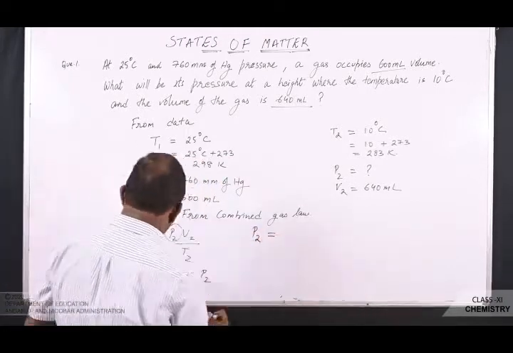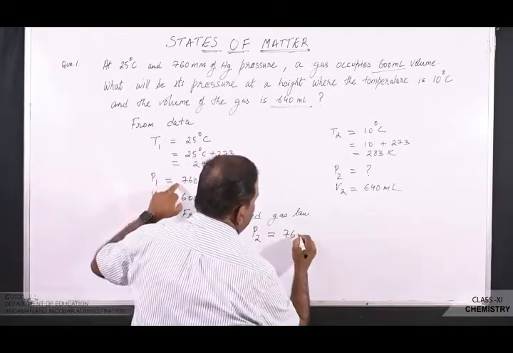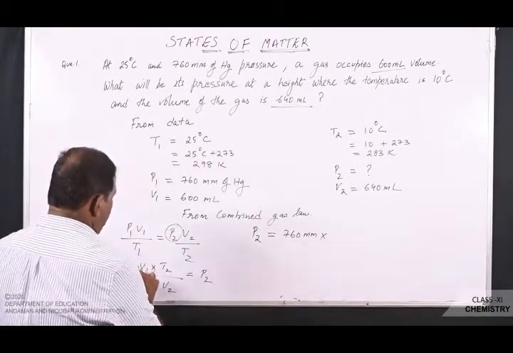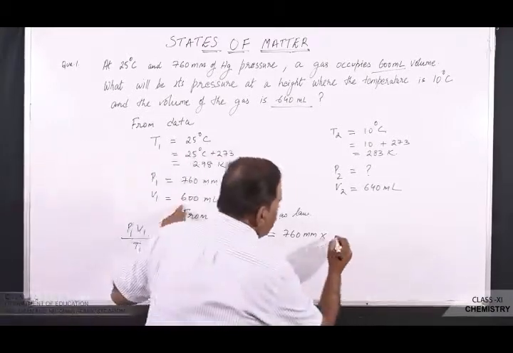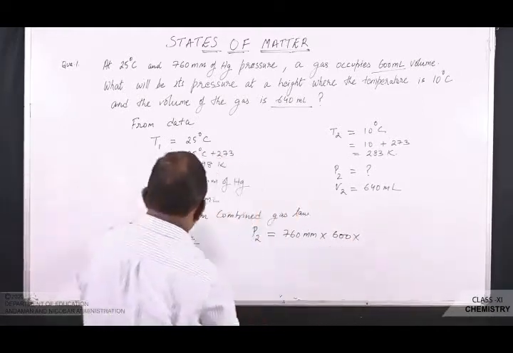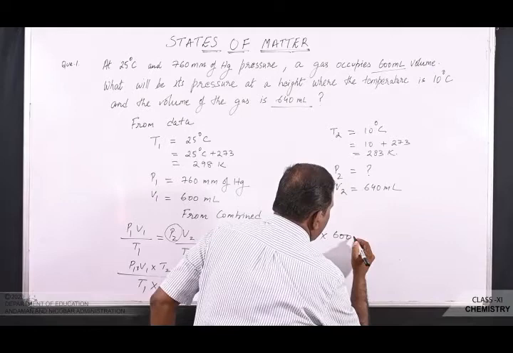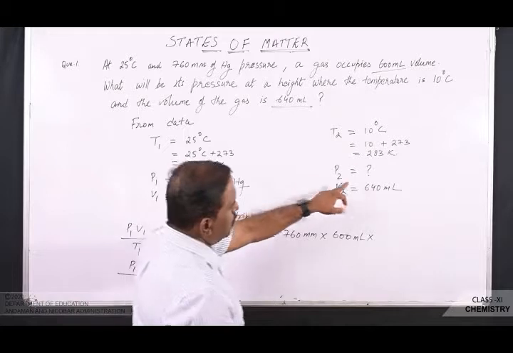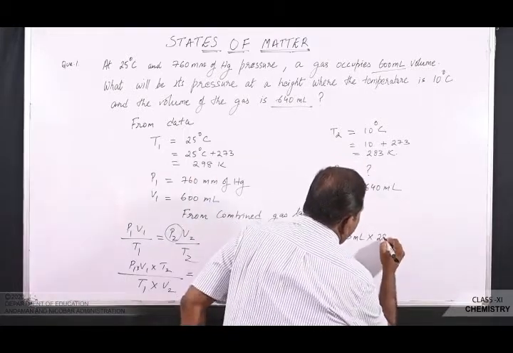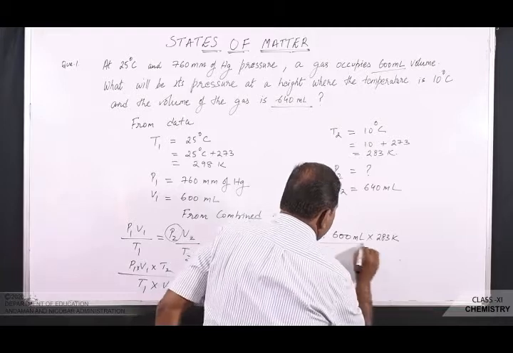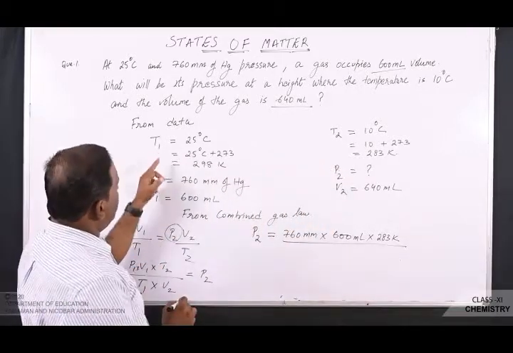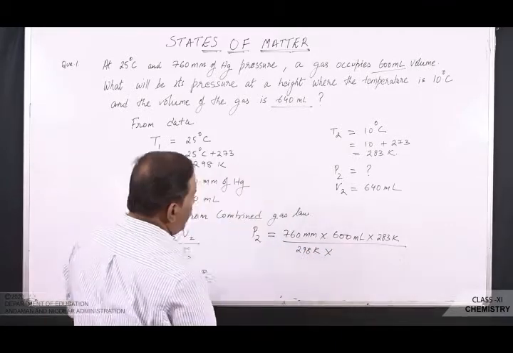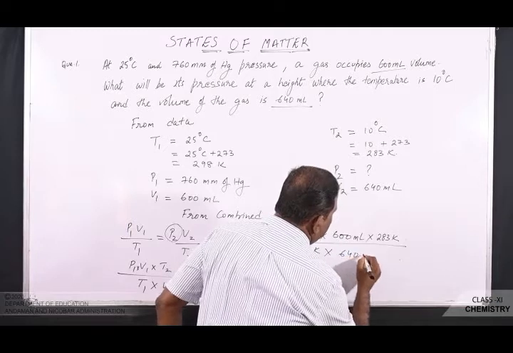P2 is equal to P1, 760 mm, into V1, 600 ml, into T2, 283 Kelvin, divided by T1, 298 Kelvin, into V2, 640 ml.